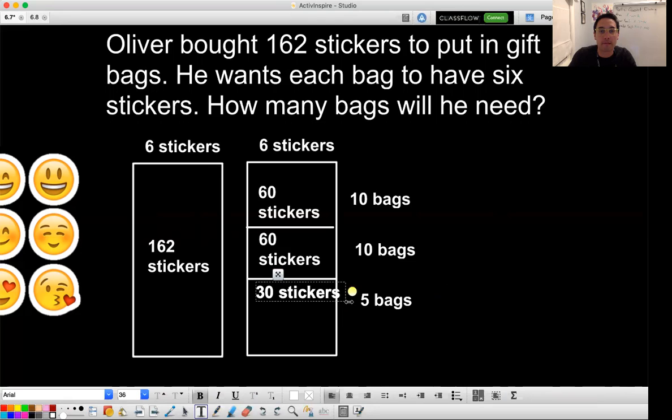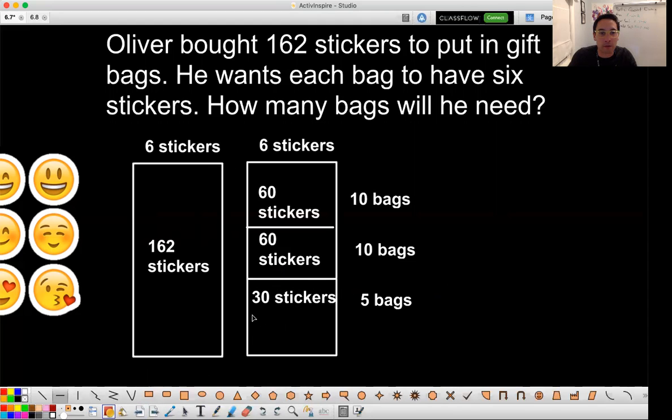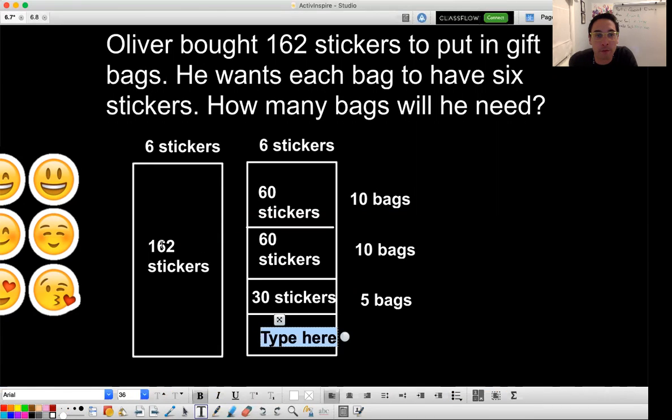Okay. Just gonna slide this over so I can make the line a little closer. So how many stickers do I have? I have 60, 120, 150 stickers. 150 to 162 stickers, and that means I have 12 more stickers.